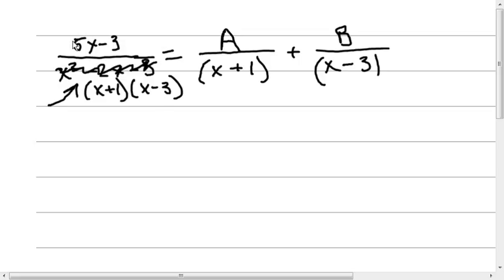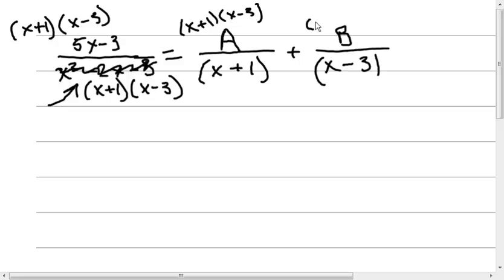So I'm just going to multiply both sides of this equation by the factor (x plus 1)(x minus 3). So what's going to happen?